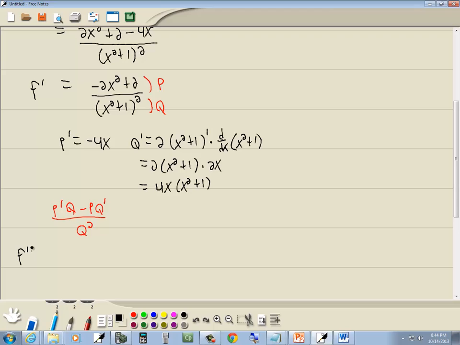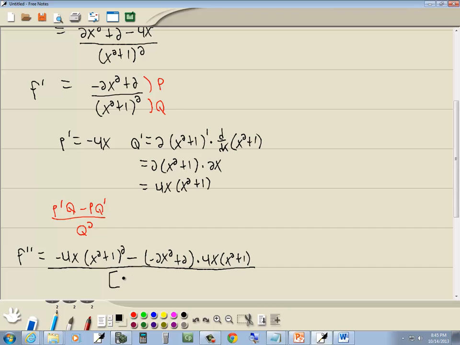For our second derivative, p prime, negative 4x, times q, which is x squared plus 1 squared, minus p, which is negative 2x squared plus 2, times q prime, which is 4x times x squared plus 1, all over q squared. And q was x squared plus 1 to the second power, and then we square that.